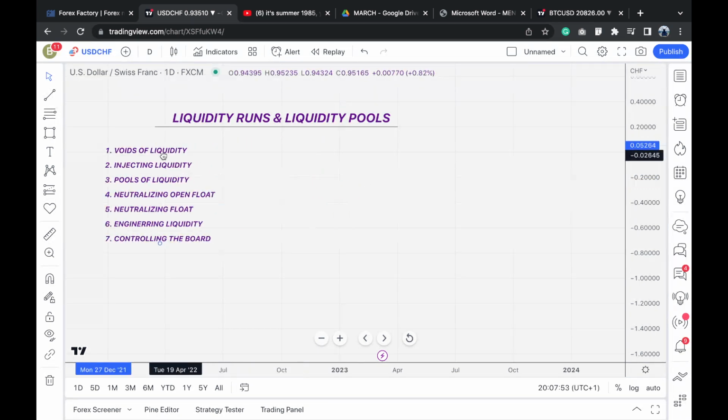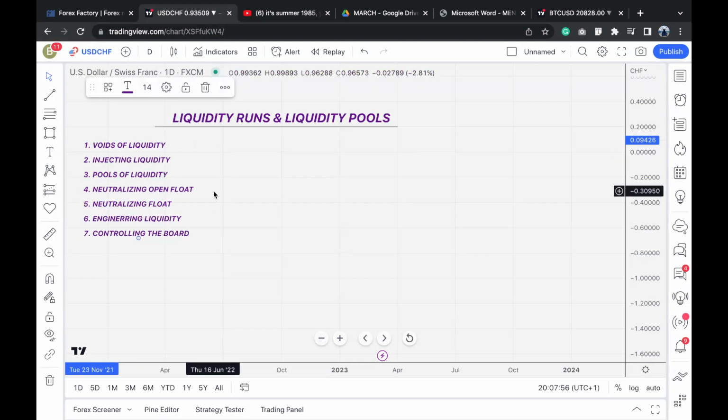We have number 1, voids of liquidity, number 2, injecting liquidity, number 3, pools of liquidity, and number 4, neutralizing open float. So now let's talk about voids of liquidity. There's going to be periods in price whereby means of lopsided order flow creates porous gaps in price.